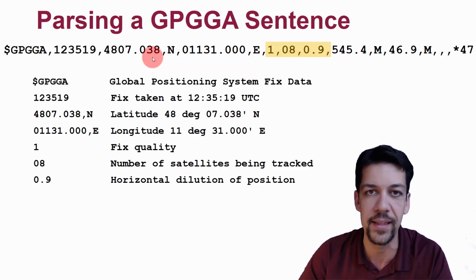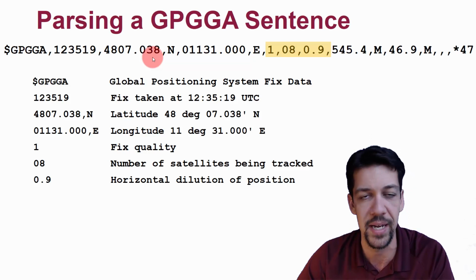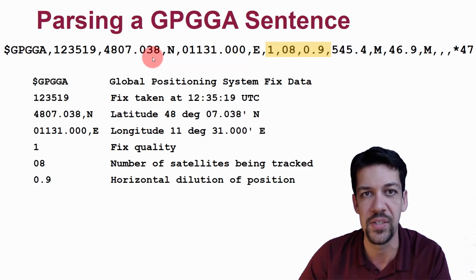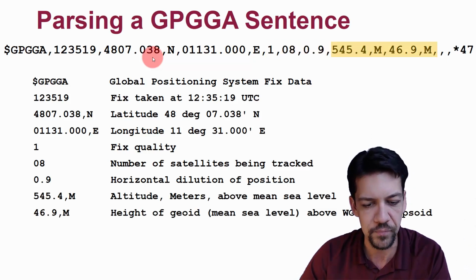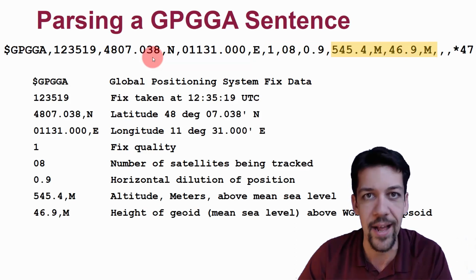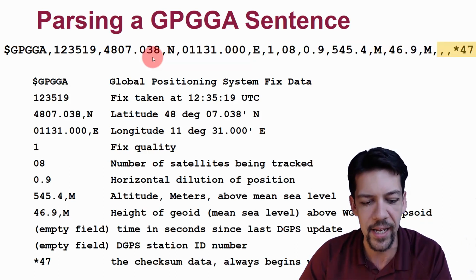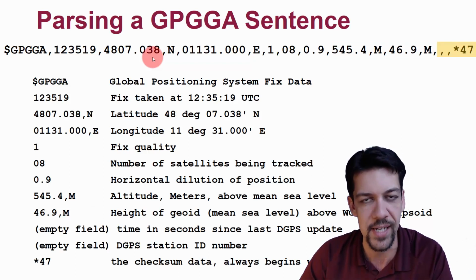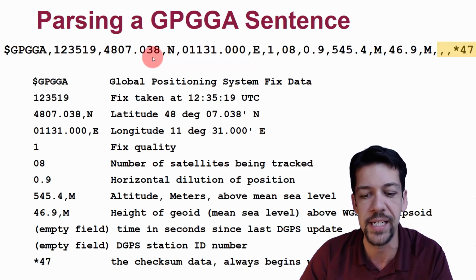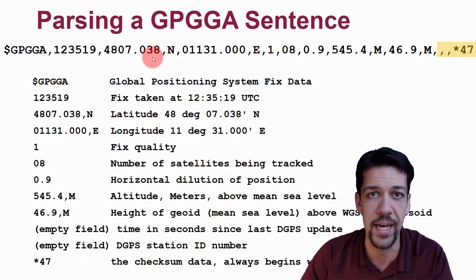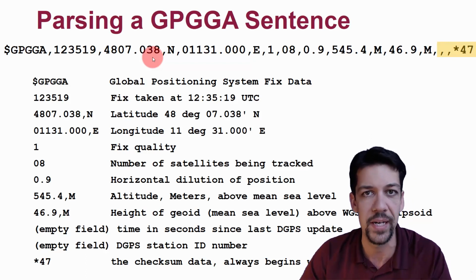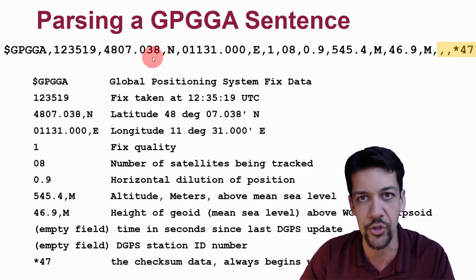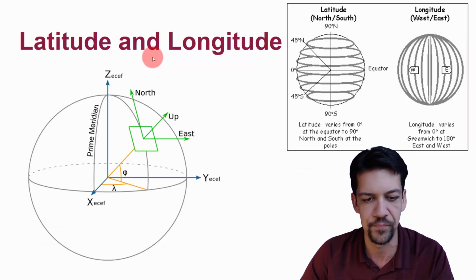You can think of it as plus or minus this many meters around that specific location. Next, we have the altitude information, both above and relative to sea level. And finally, some specific data about different time updates for differential GPS, DGPS, and the checksum data for this specific sentence, which makes sure that no bytes were lost and we can trust whatever the message is.